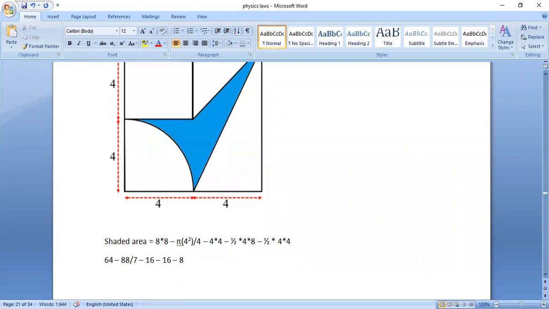Correct. This will be 16, 16, 32 and 8 is 40. So 24 minus 8, about to become 11 point.